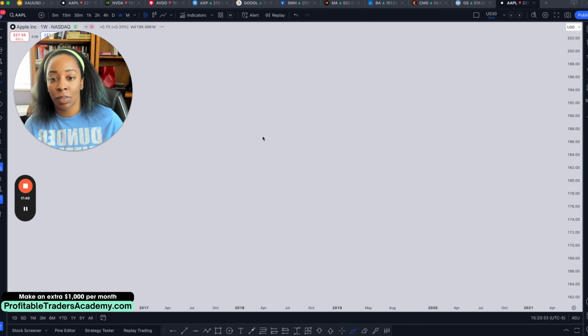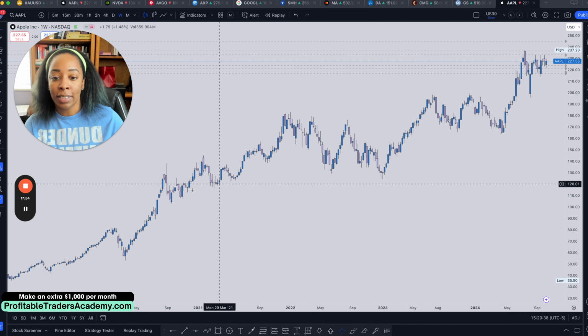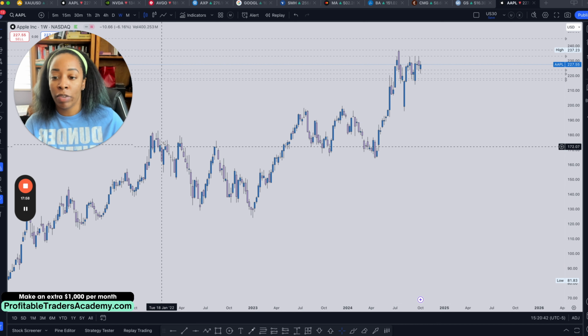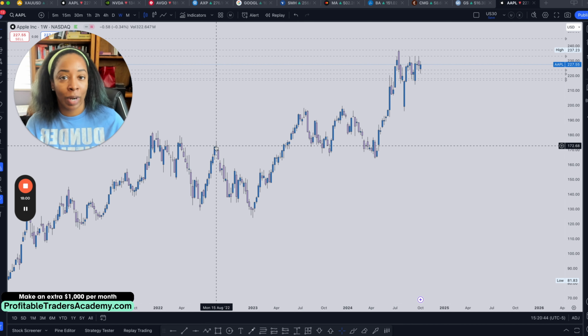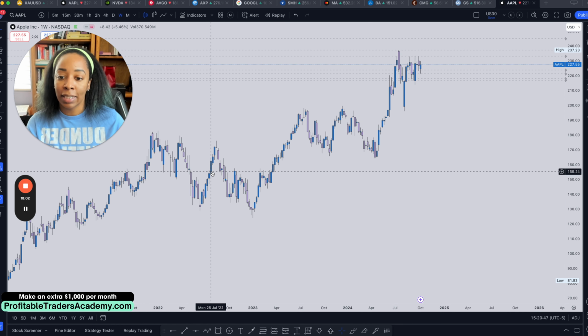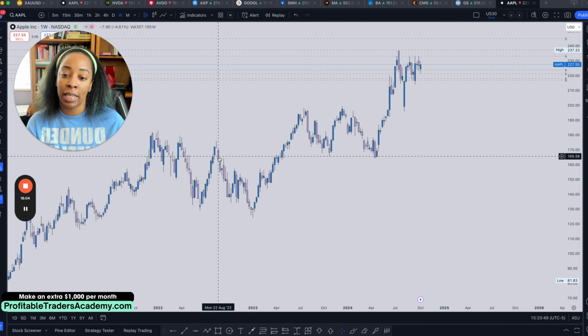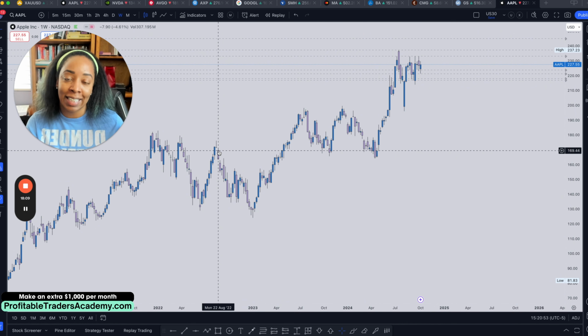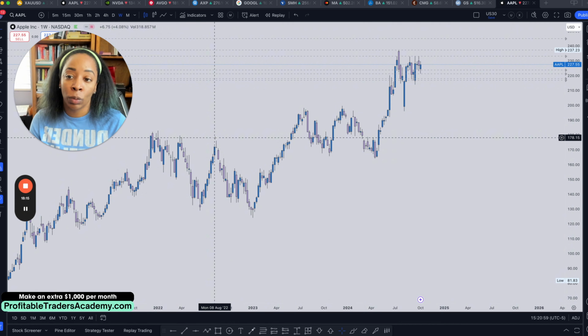So let's go back to the weekly really quick. You can see that these candles are really, really clean. They're very solid, especially in this area right here that we were looking at. Most of these candles are all bullish, and then on the downside, most of these candles are all bearish. So it just really makes it easy for you to visualize what's happening inside of the market by looking at really clean candles.